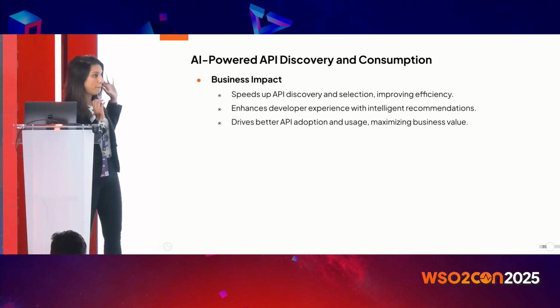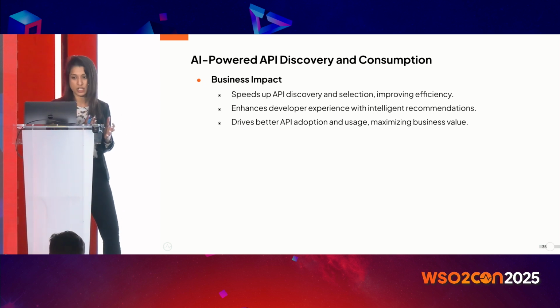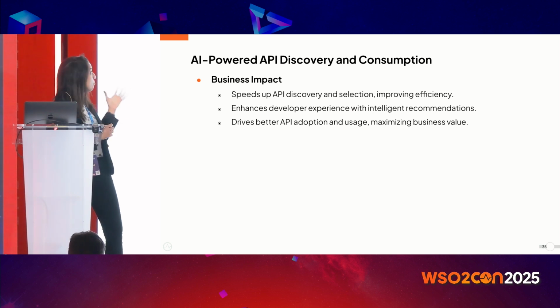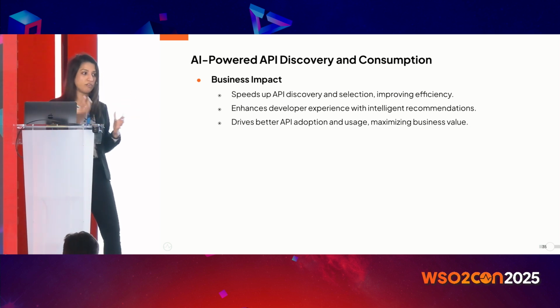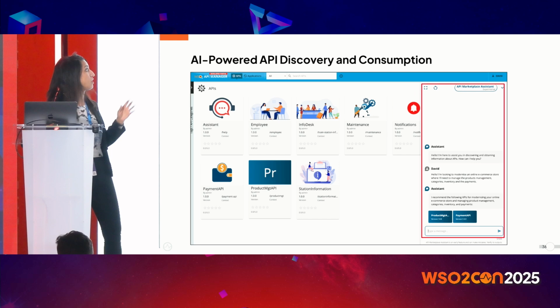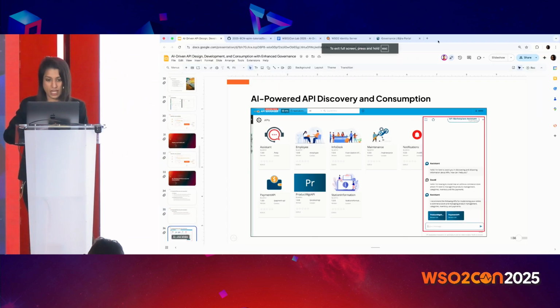With this, we expect that organizations can quickly discover and select the most appropriate API, which will improve the efficiency. This also improves the developer experience, because now with AI, we can give you intelligent recommendations. So this is how the API Marketplace Assistant looks like.